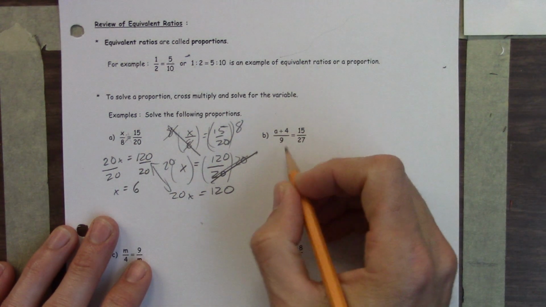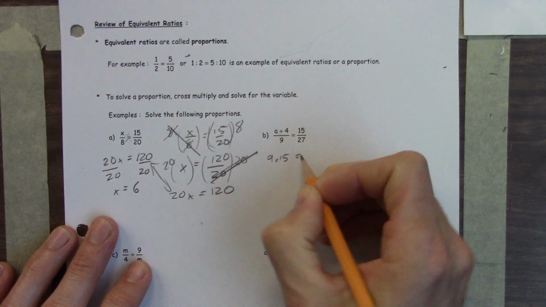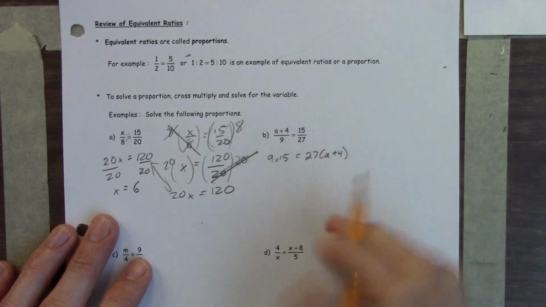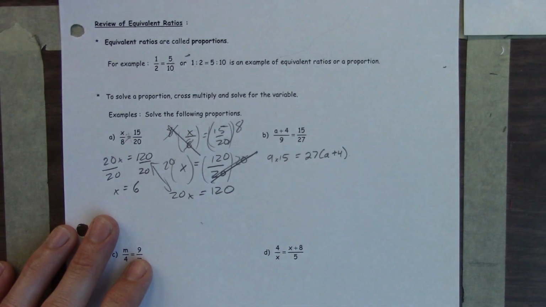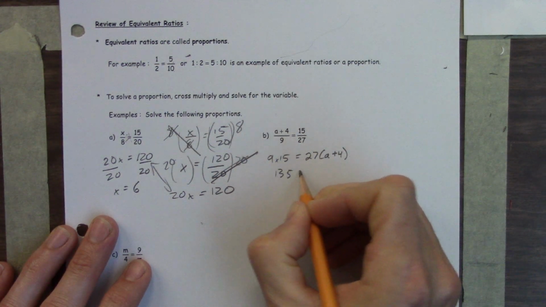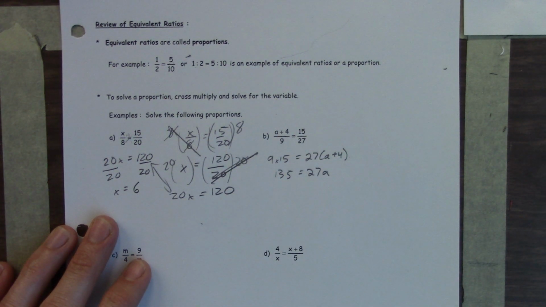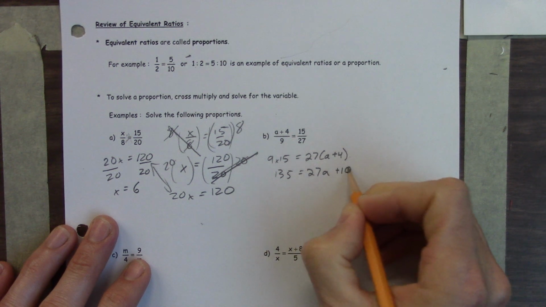So here we'll cross multiply again. So we have 9 times 15 is equal to 27 times a plus 4. That's what we have. Now we know how to deal with this with the distributive property. So we will. We get 135 is equal to 27a plus 108.